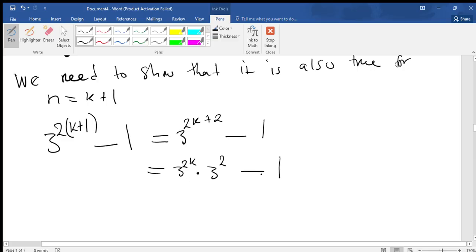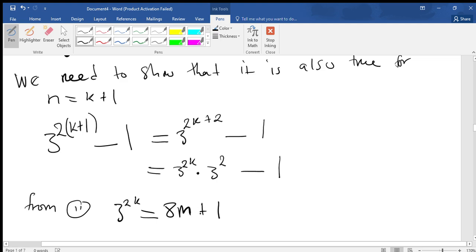But remember 3 power 2k, from equation 2, which we said there, is equal to 8m plus 1.